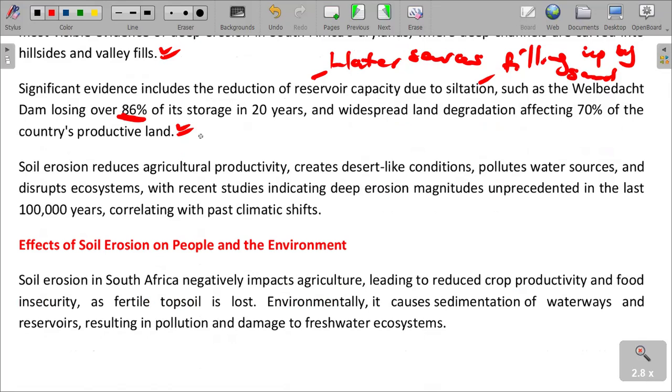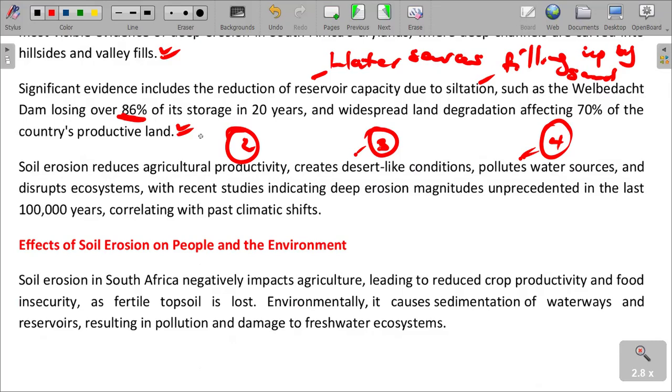So soil erosion reduces what? Agricultural productivity. It creates deserts. We talk about desert-like conditions which are caused by soil erosion. We are talking about washing off of topsoils, fertile soils, and polluted water sources. I want you to relate and understand that after rainfall, we see surface runoff, dark waters flowing over the surface.